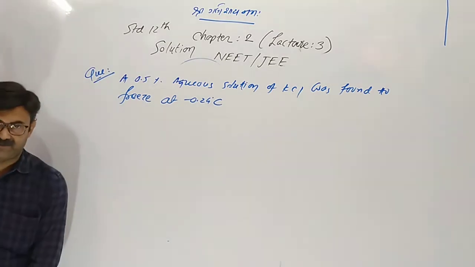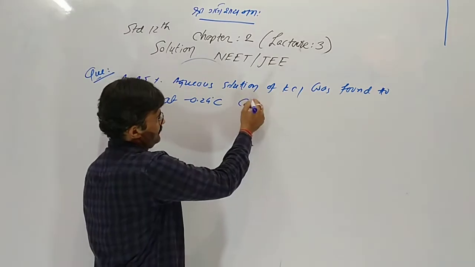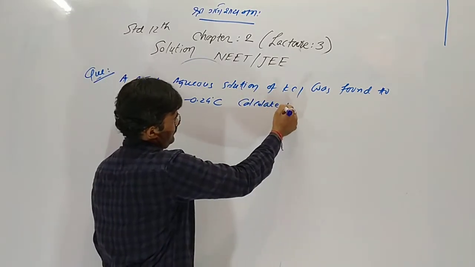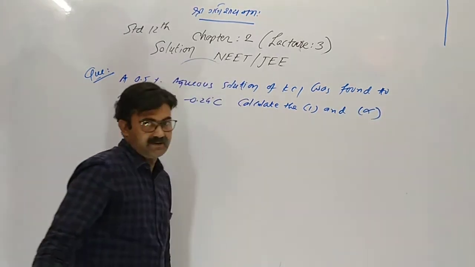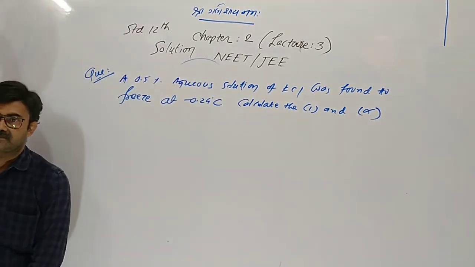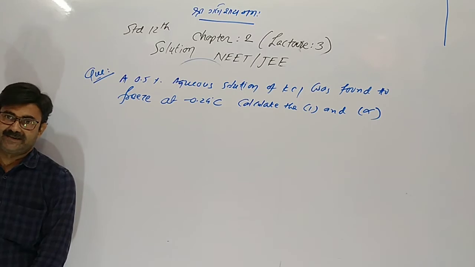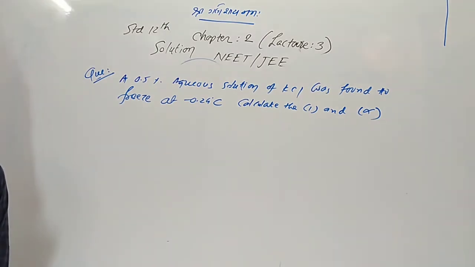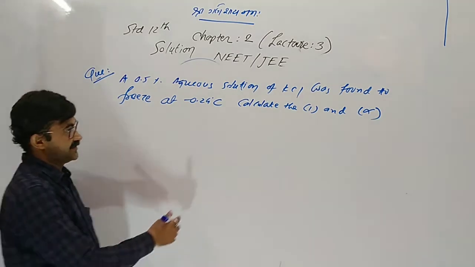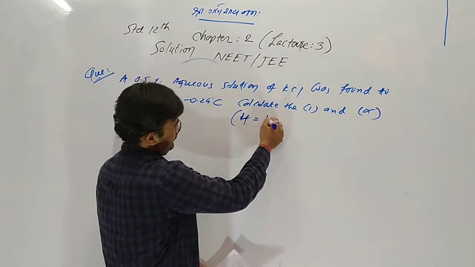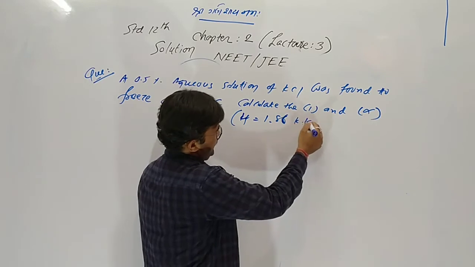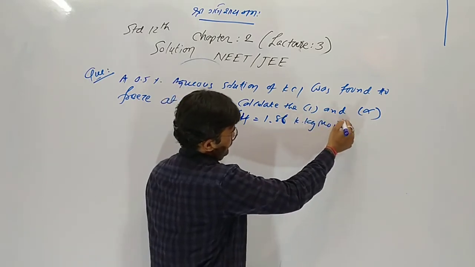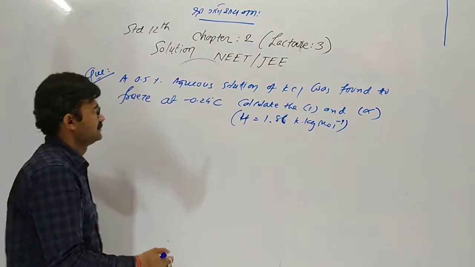Calculate the van't Hoff factor and the degree of dissociation of the solute at this concentration. Kf is also given, 1.86 Kelvin kilogram mole inverse.